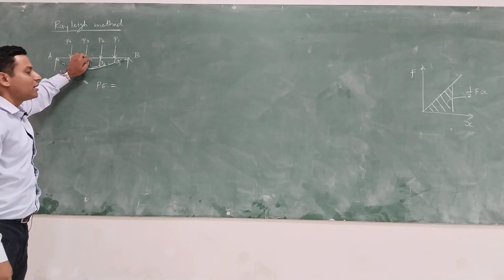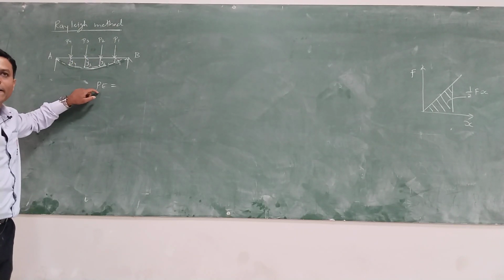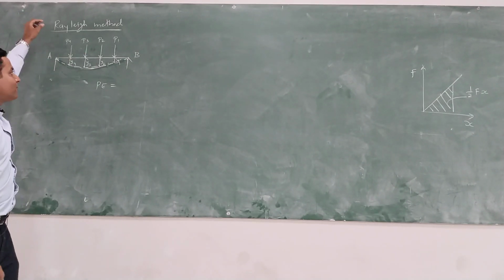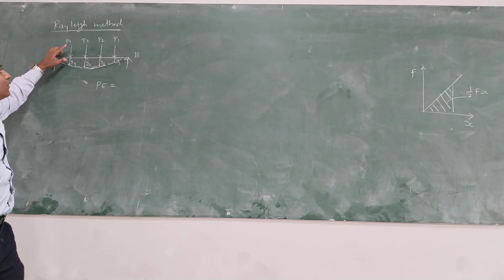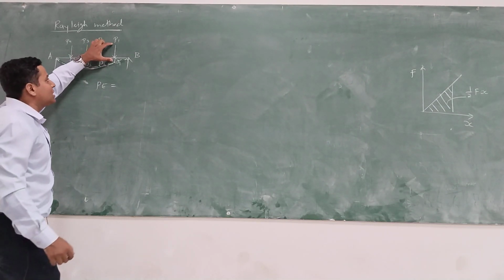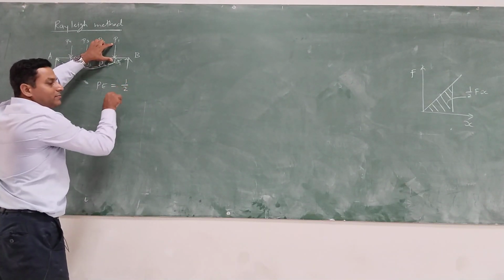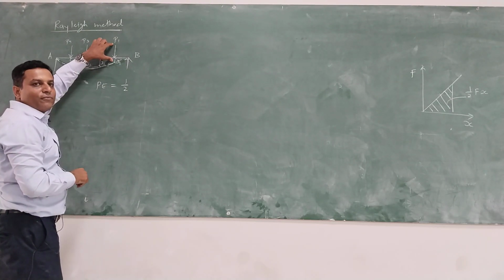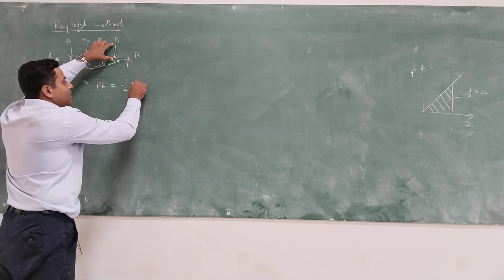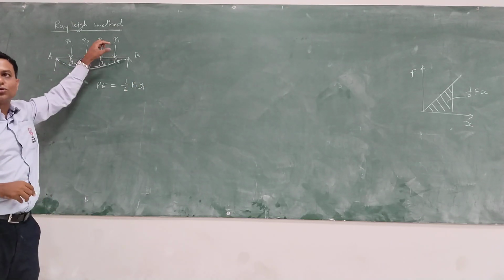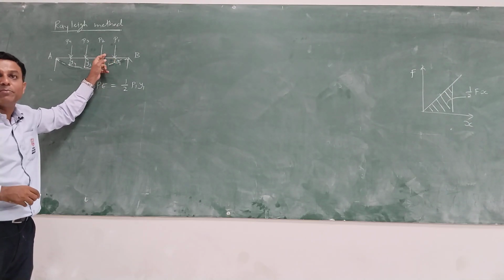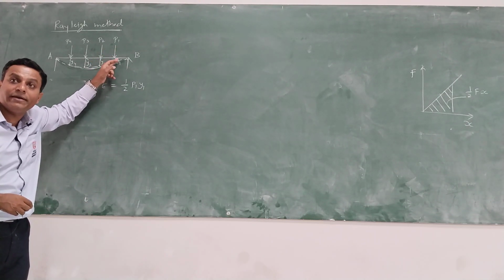So here I am going to determine the potential energy stored in the spring because of the displacement. First consider displacement 1 because of load 1. The potential energy will be 1/2 force, where force is P1, into displacement Y1. This will be the energy stored in this beam because of the displacement at point 1.